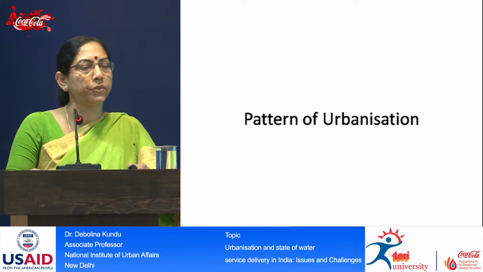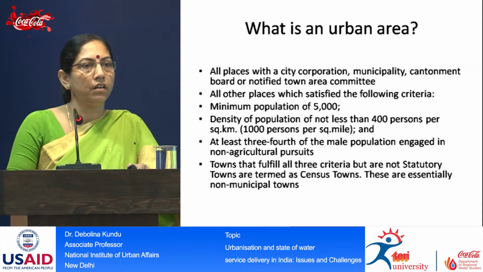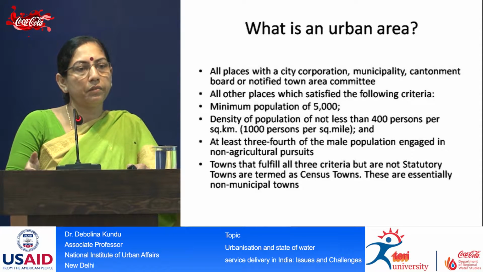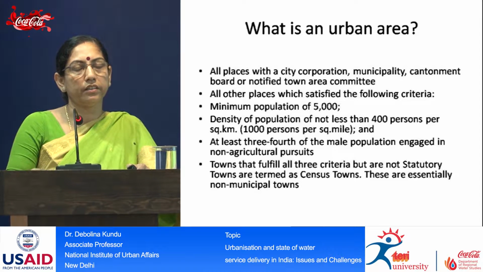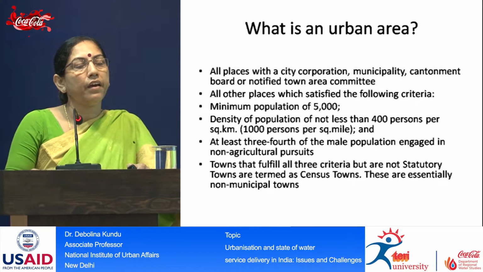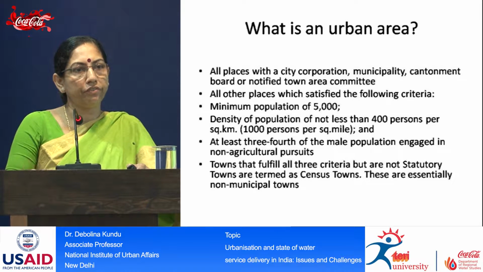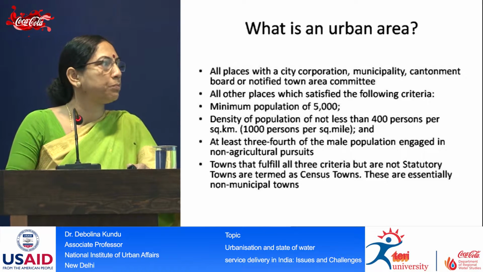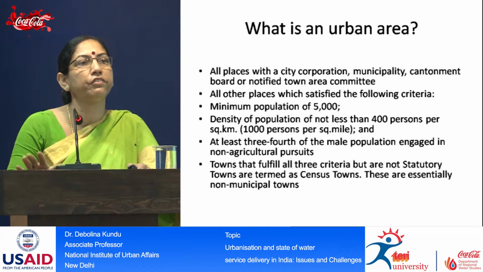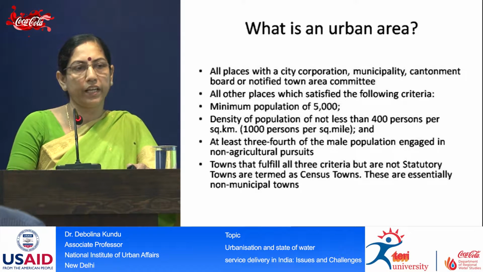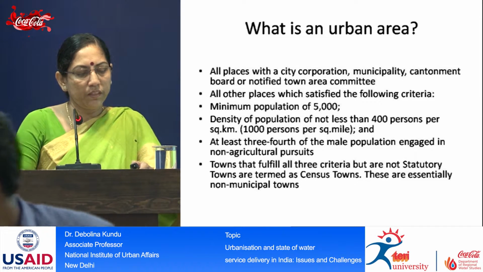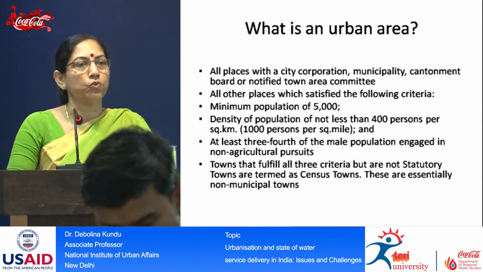It may be a corporation, a municipality, a cantonment, a notified area, or other types of committees as well. And the census decides when three criteria are fulfilled at a time: a minimum population of 5,000, a density of 400 persons per square kilometer, and 3/4 of the male workforce in non-agriculture. These are called census towns.